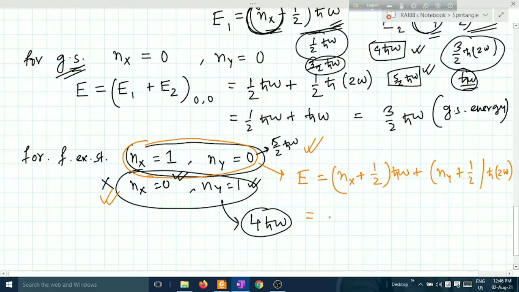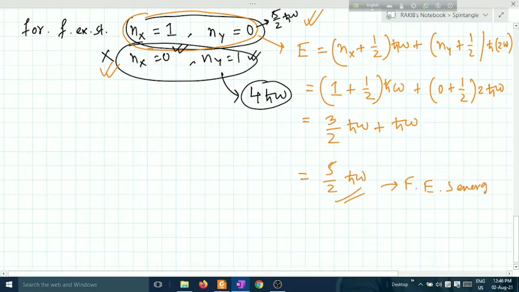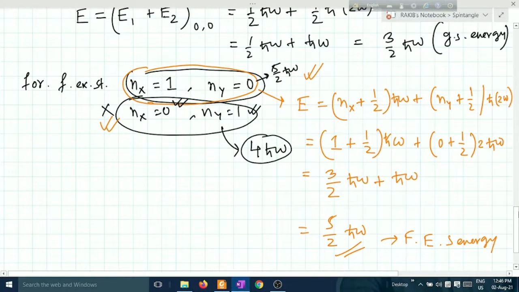Put nx equals 1, ny equals 0. This gives (1 + 1/2) ħω plus (0 + 1/2) 2ħω. This means the first excited state energy is 3/2 ħω plus ħω, which is 5/2 ħω. This is the first excited state energy.